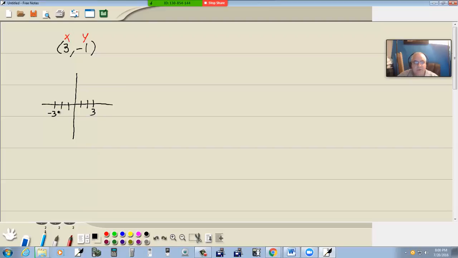This would be a -3 over here. And then we go to a -1 on our y. If I go up, that's positive, and if I go down, that'll be negative. So at the intersection of (3, -1), that's where we put our point. We kind of put the number in the wrong place there, but you see how to plot the point.